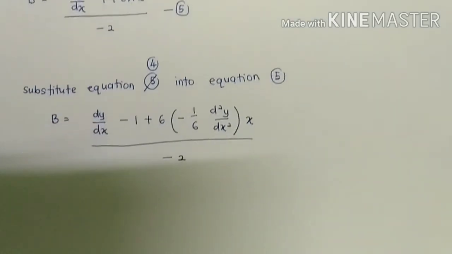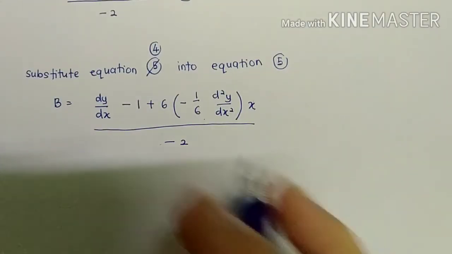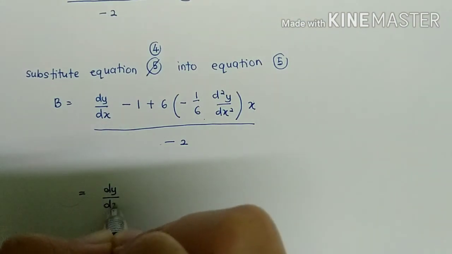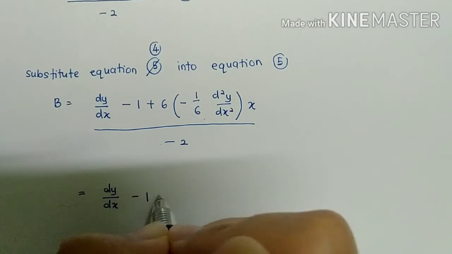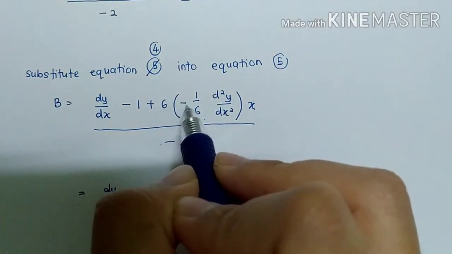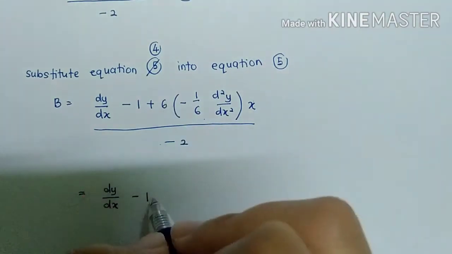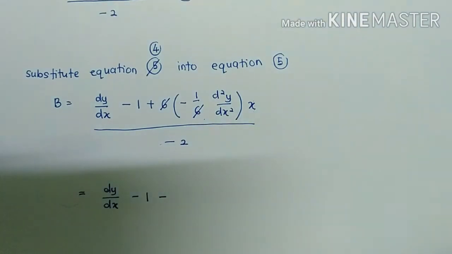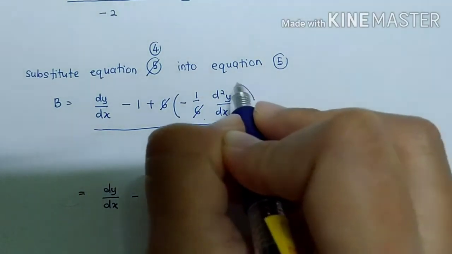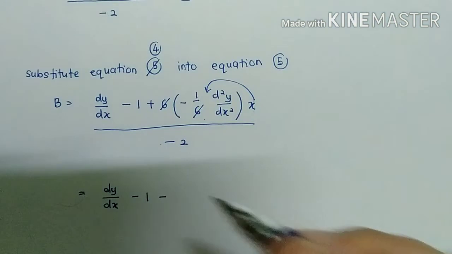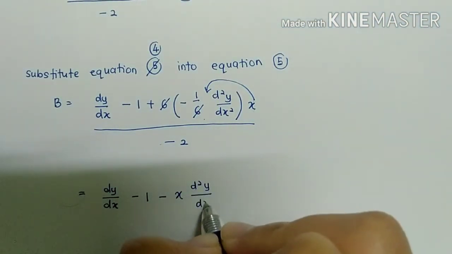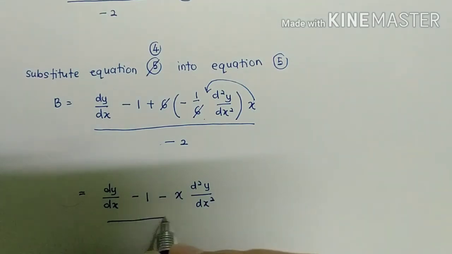So we simplify this equation, so we get dy dx minus 1, and then 6 times negative 1 over 6 is equal to negative 1. And then we have x at the back, so we multiply with d square y dx square. We have x d square y dx square, and divided by negative 2.